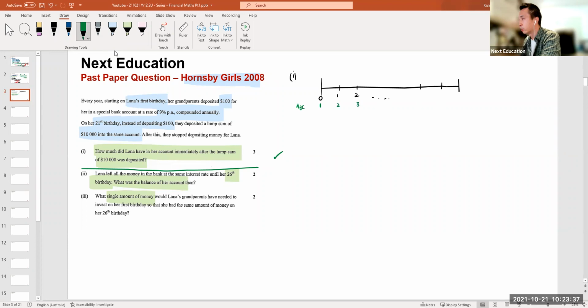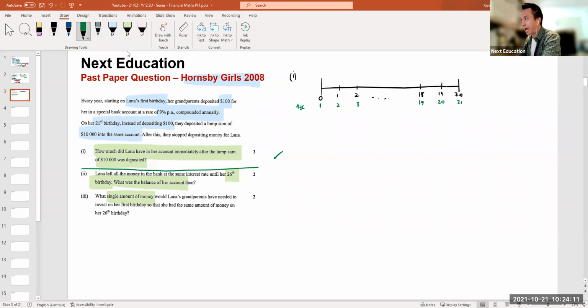Now, how old did they stop at? 21. So 2019, and you can see that the difference is always 1. So this is 18, 19, 20. That's important because the black is my compounding years, but the green is her age. They could have started this question at age 15. So always identify the compounding years because that's the maths, but the age determines when you start and stop. Quite important.